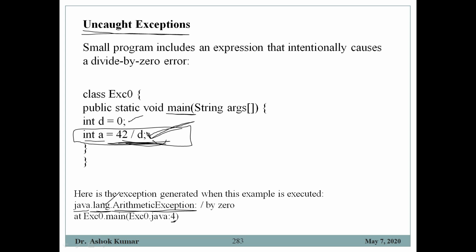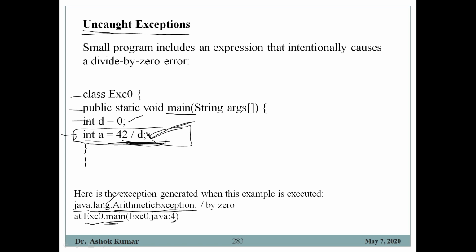If you count from this line, this is line number 1, line number 2, 3, and 4. Exception occurred at line number 4 in the main method. So this is the exception in the main method. The method name is main, and this main is a part of the Exc0 class. This is the name of the class where the exception has occurred, and this is the detail of the exception.